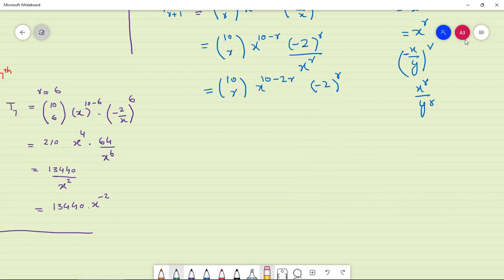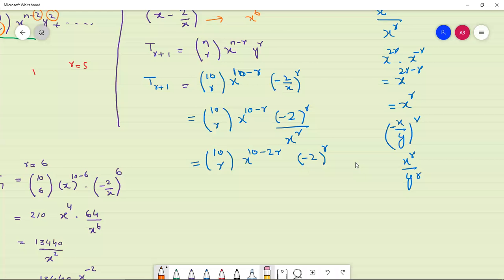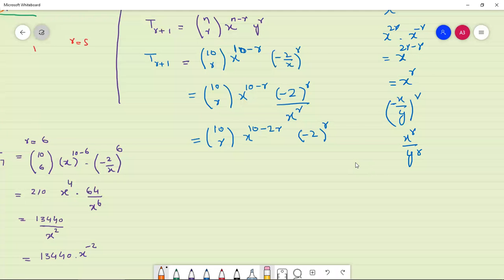So the next is 10 and r. Now look at this. Here, the simplification is over. He was asking about the coefficient of x power 6. It means this x power should be equal to 6. This minus 2 power r is the constant.